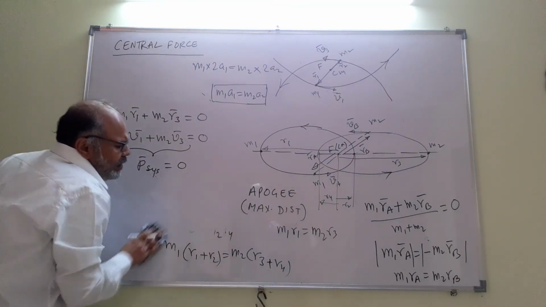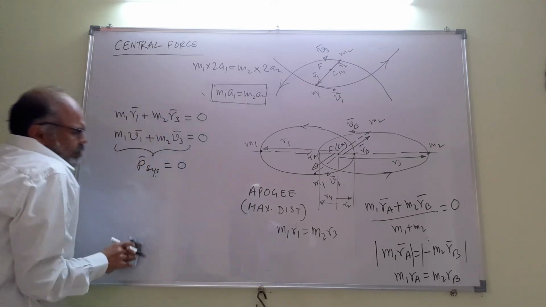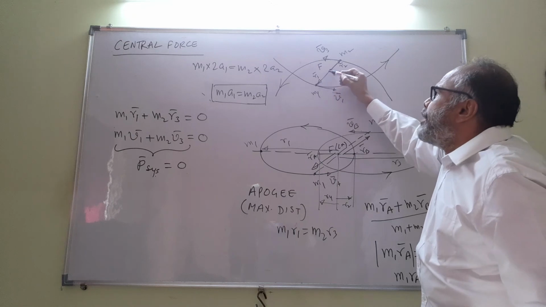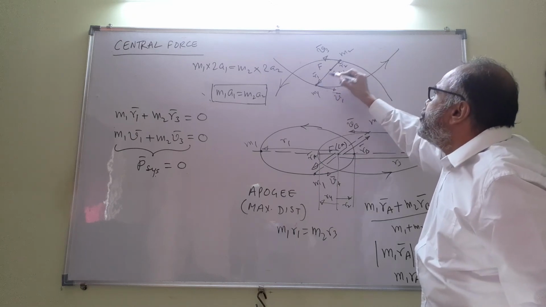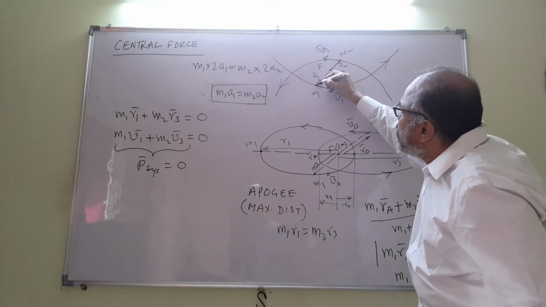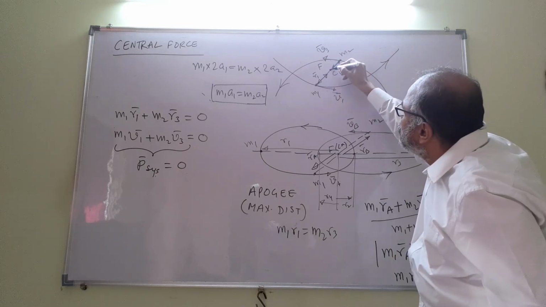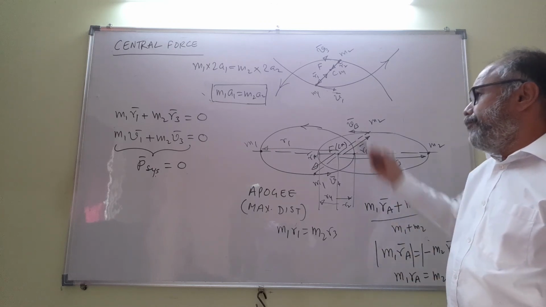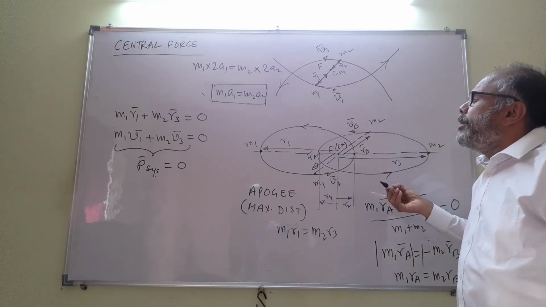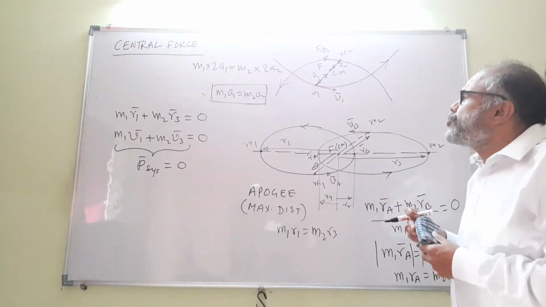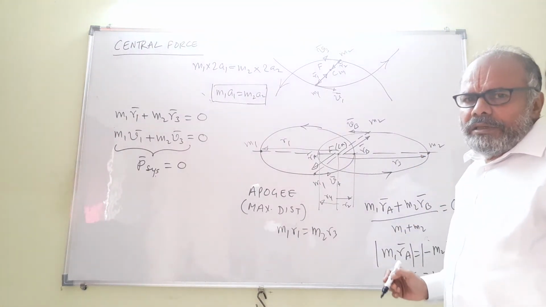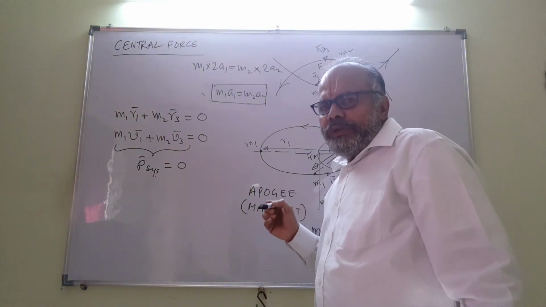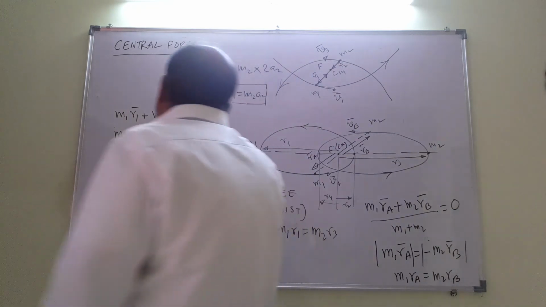Then the next thing is that the force is along the line joining the two. Now that force passes through the center of mass or the foci, whatever you call it, the center of the central force. The line of action of the forces passes through the center of the central forces.